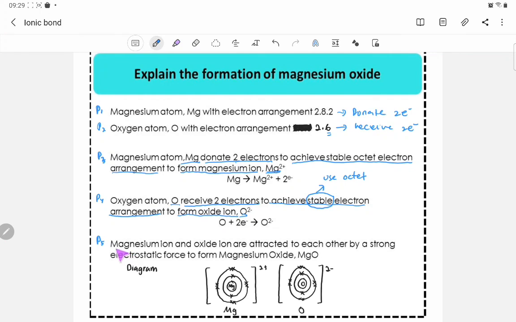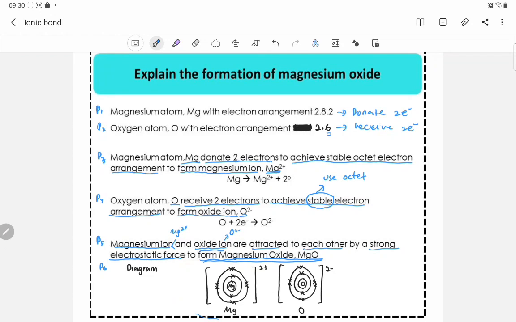So magnesium ion, which is Mg2+, and oxide ion, which is O2-, are attracted to each other by strong electrostatic force to form magnesium oxide. Okay, and then for point number 6, we will draw the diagram of magnesium oxide.